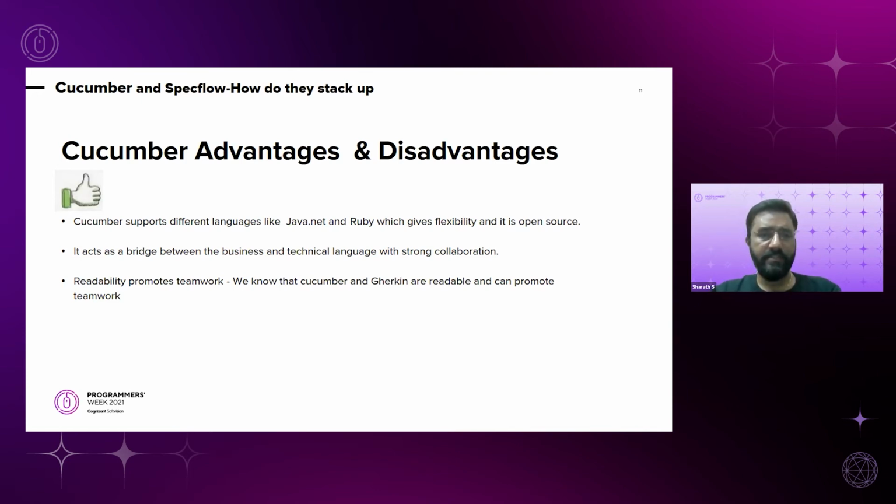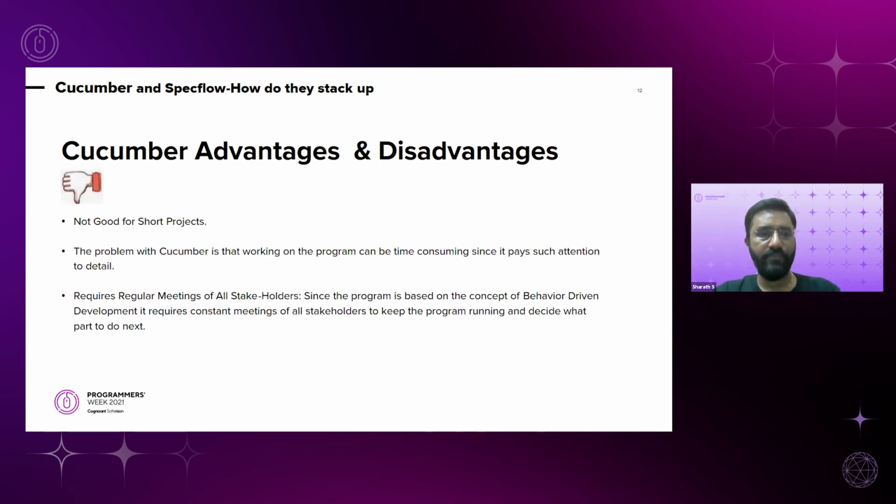Any disadvantages that we can think of? There could be a few. If there's a short project, we just want to develop, test, and we want to decide whether to automate or not. But if you want to just provide an end result quickly, Cucumber may not be the best option here, because it does take some time. Since we are running on time constraint, it could be avoided for those kinds of short projects.